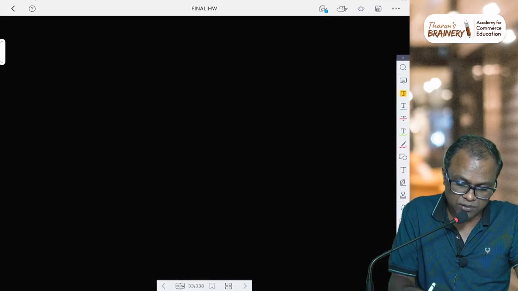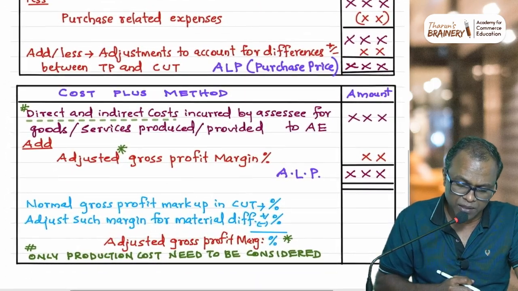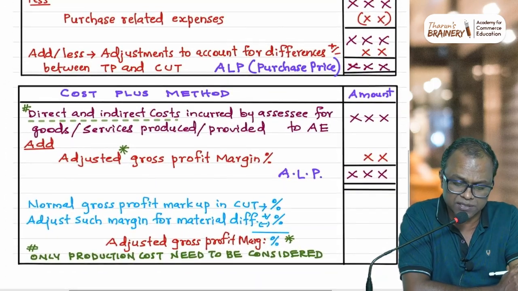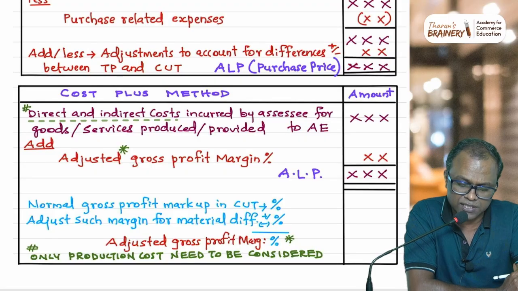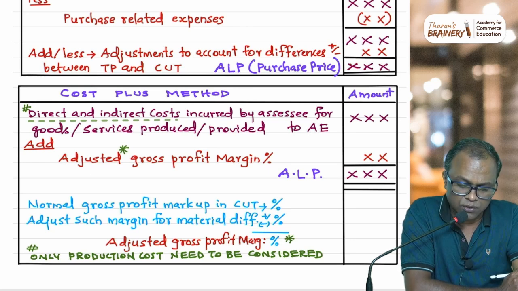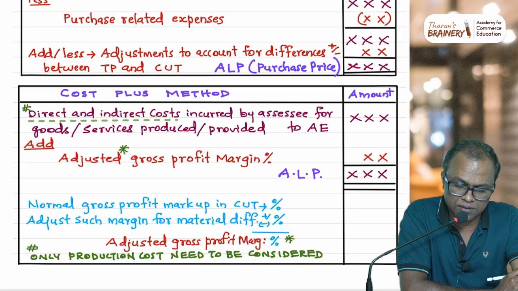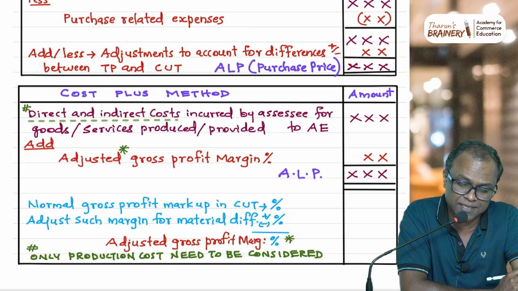It is best suited for manufacturing industries, this cost plus profit method. Not only goods, even when a service is provided from India to outside India, or goods are manufactured here and exported to an associate enterprise, in those cases also this method is suited. Under the cost plus method, this is completely different from the other two methods, because the other two methods are basically comparisons of prices.